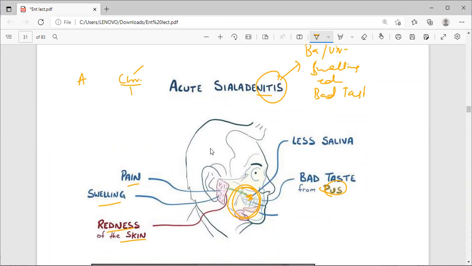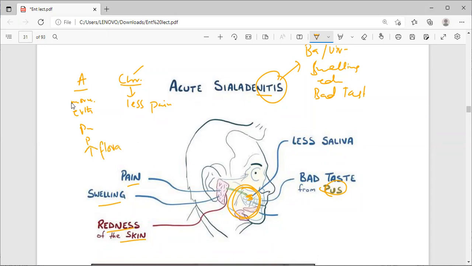The chronic is less painful, and the acute one is more painful. In acute, there will be erythema, pain, and tender swelling. On palpation there will be swelling, and there will be overgrowth of the oral flora. The normal flora present in the mouth will increase.